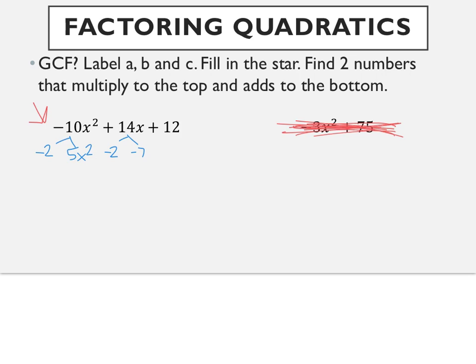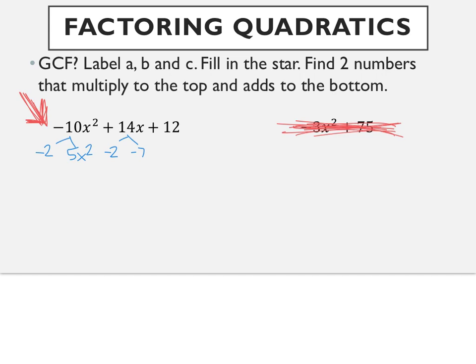What I was beginning to say is there was a first term with a negative in front of it, which we can't have. So I was saying that our greatest common factor has to be negative. And then I was looking at negative 10x squared, 14x, and 12. And I noticed that they all have 2 in common. So to take care of my first term as a negative, I'm taking out a negative 2 of every single term.